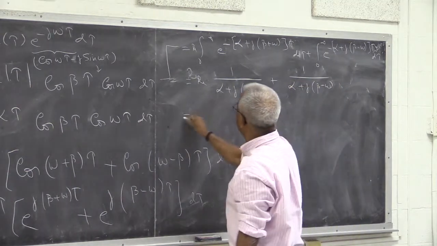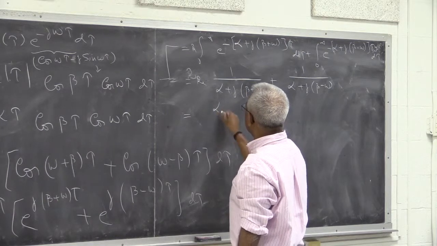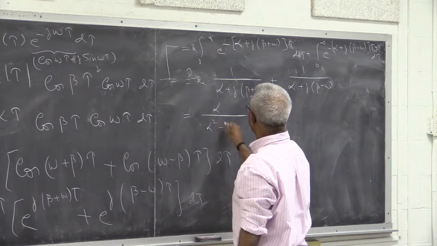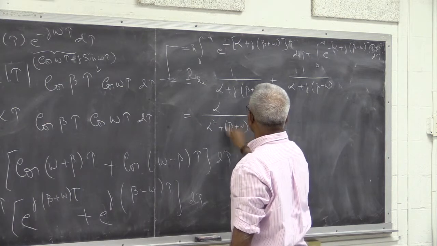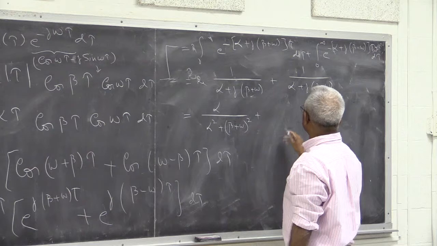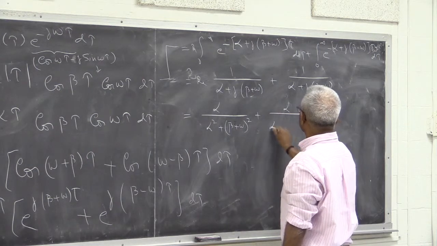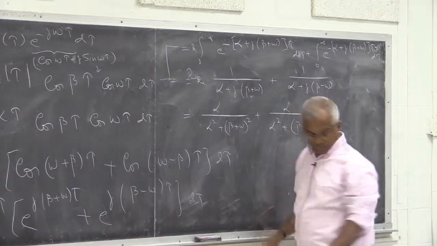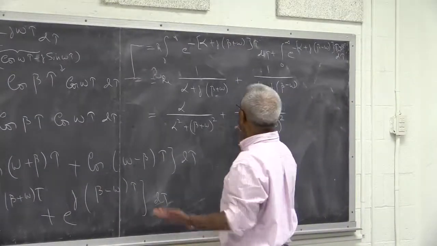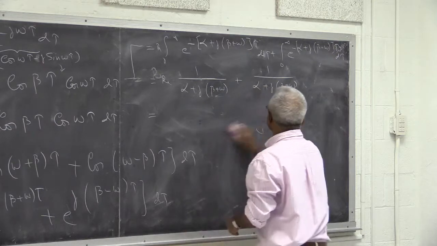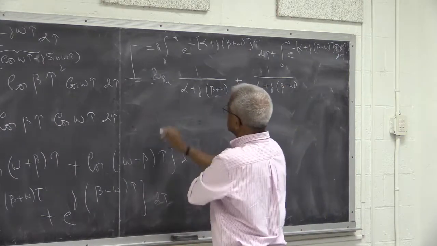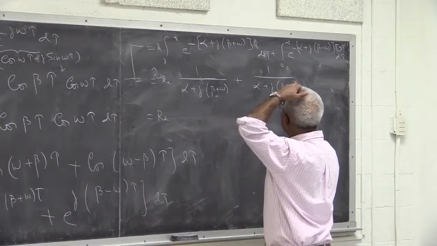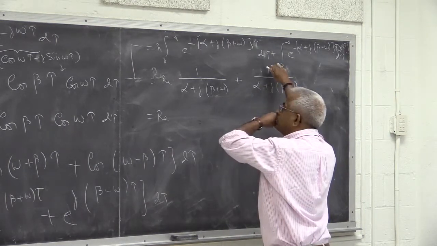So you just need to simplify this. So the real part is alpha over alpha squared plus beta plus omega the whole squared plus alpha over... I'm sorry, you have to multiply the two and then take the real part. So you have to multiply with the complex conjugate of this, which would come here.